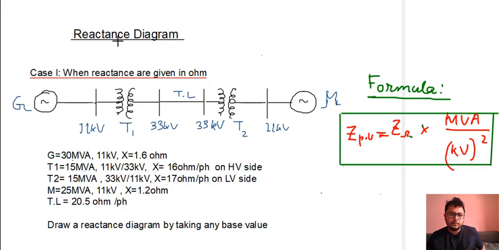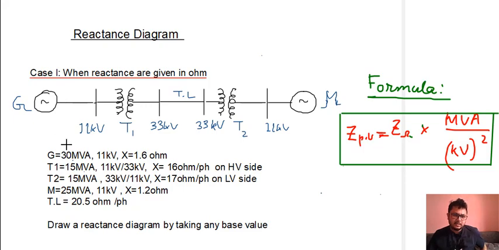To calculate the reactance diagram there are various methods. Case 1 we are dealing with now, later we will see case 2 and also case 3. So different cases we will be taking. Now see here what rating is given.